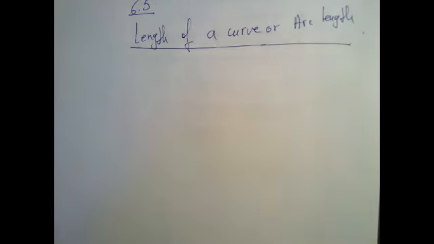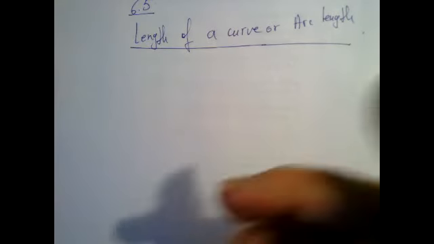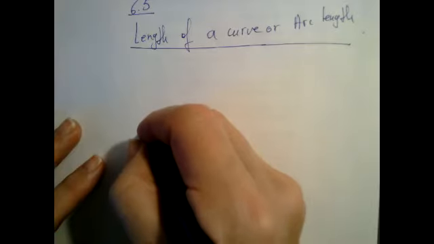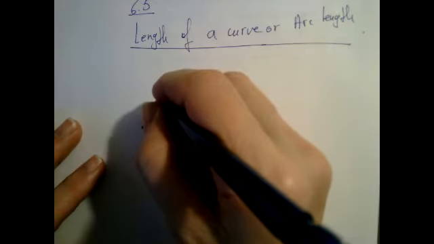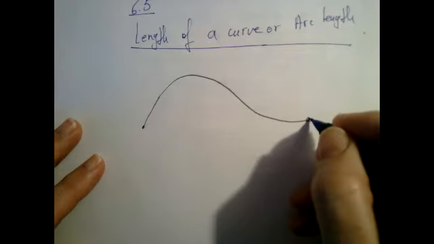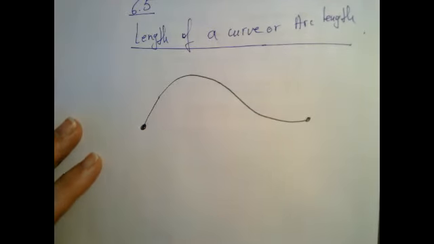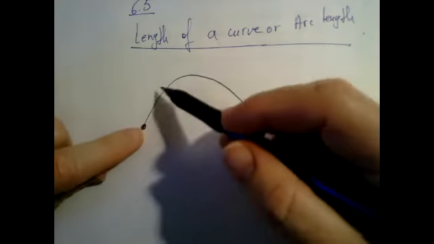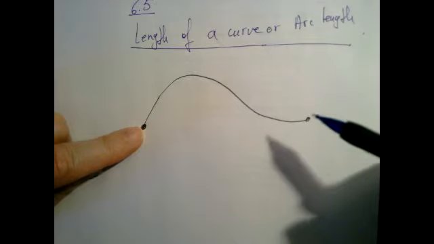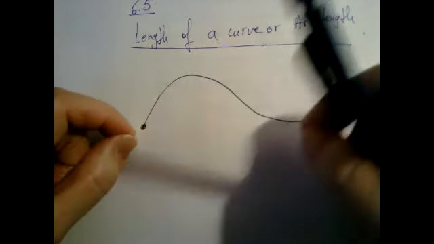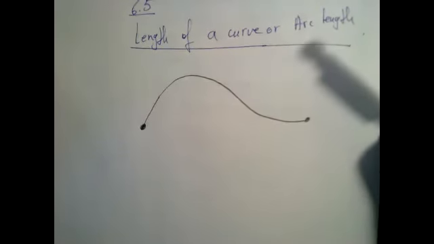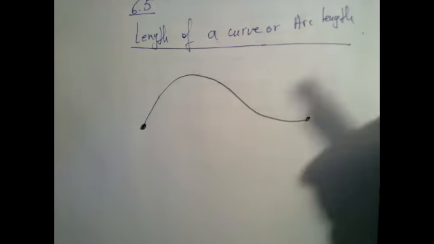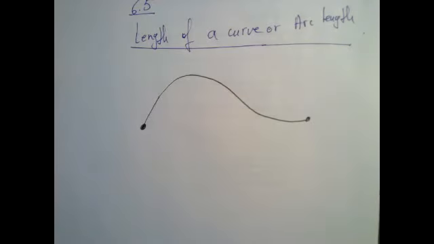What we're interested in is the following. Let us say you have a curve, something that's curving. And the question is to find the length of this curve. What does it mean, the length of the curve? It means if you take the thing that's curving and you actually stretch it and you measure it, what's the length of it? That's really what we have to find out.